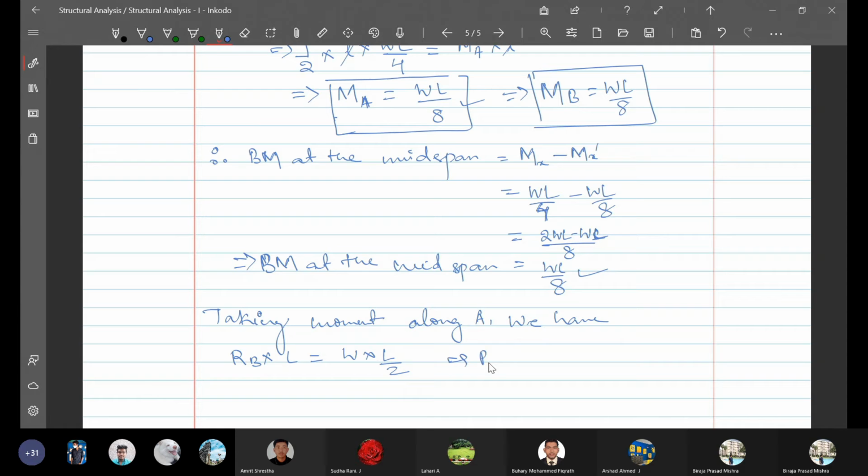This implies RB equals W by 2. If RB is W by 2, therefore RA is also equal to W by 2, right?